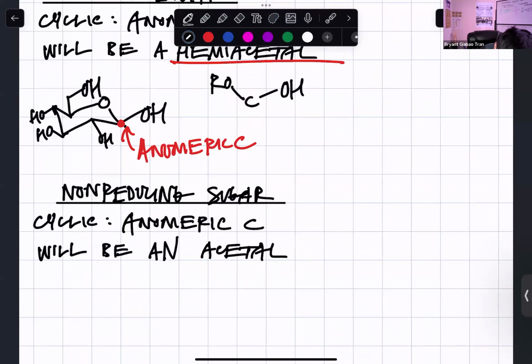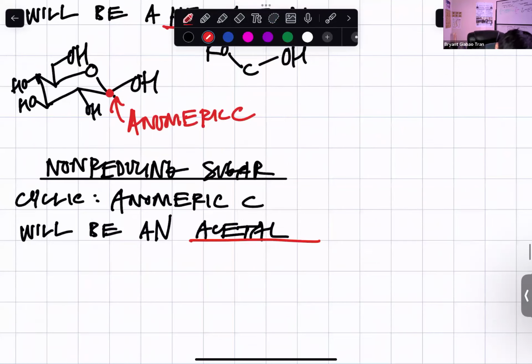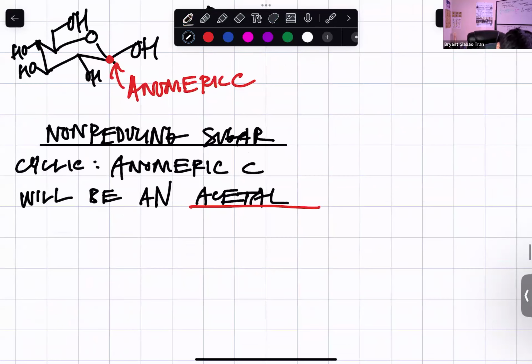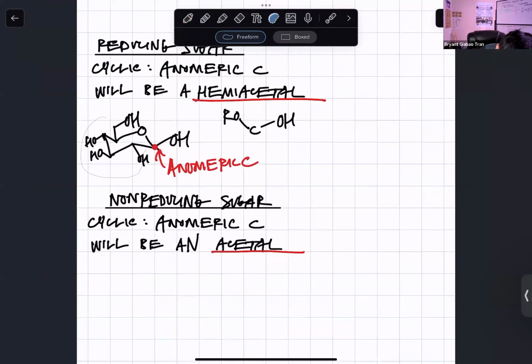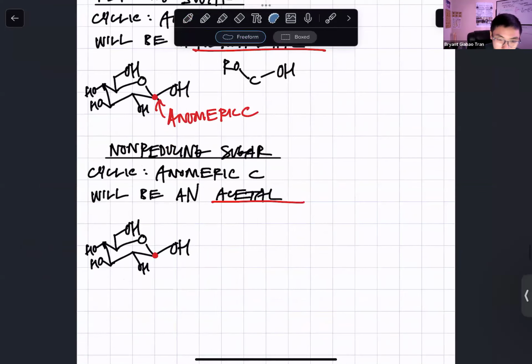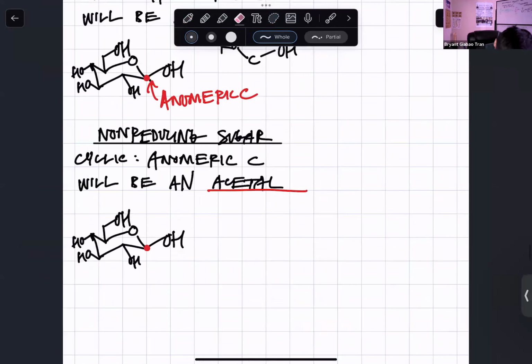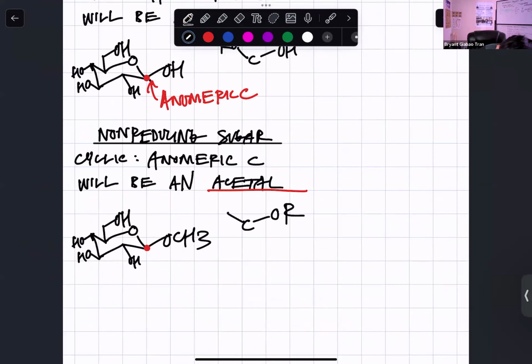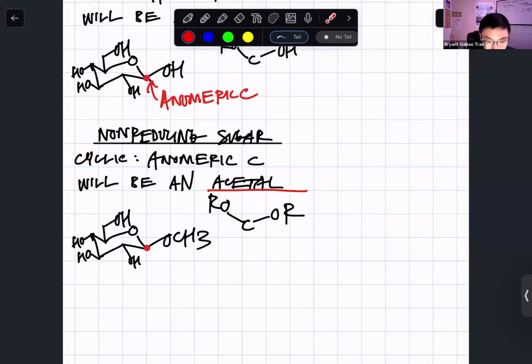An example would be this same sugar, but instead of having an alcohol on the anomeric carbon, we have an OR group, like OCH3. We see that this carbon has two OR groups, making this a full acetal, a non-reducing sugar. It cannot do mutarotation. It cannot do any other reaction, right?